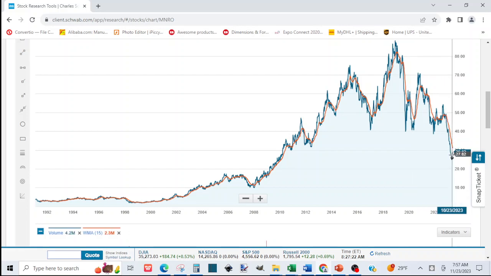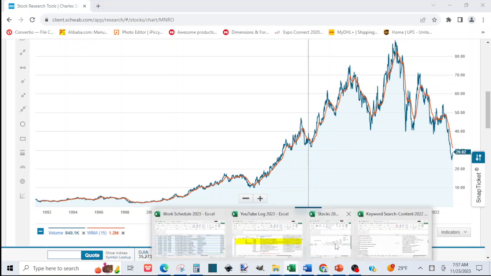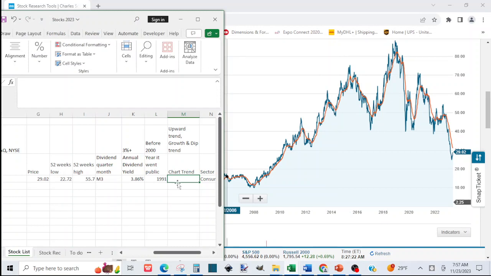And right now it's quite down, but still it didn't reach $3 and it started going back up again when you are looking at the end of the chart. It went down and started going up. So that is how you analyze the chart, and by looking at this you will say it's growth and dip. So you'll go back to your spreadsheet and you'll enter growth and dip.